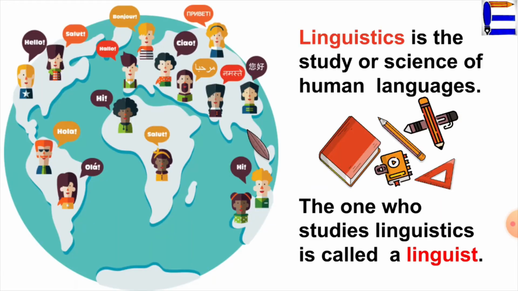We have a separate branch which studies the science of language, like what is language, how it has historically evolved, how it is put into practice, theories of language and lots of literature related to language and so on. That scientific study of a language is called linguistics. And the person who studies linguistics is called a linguist.